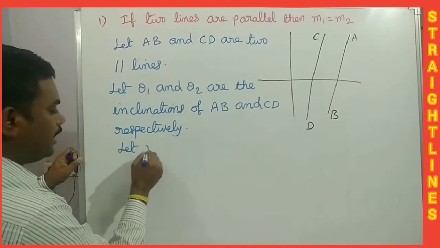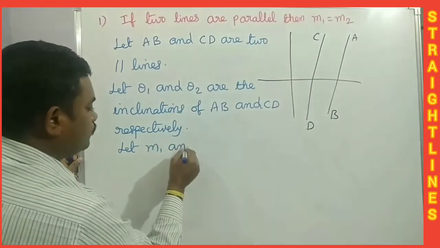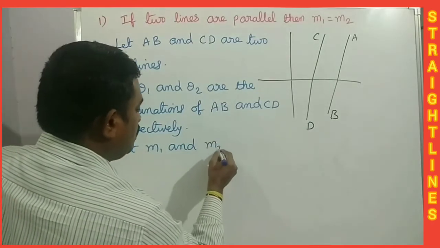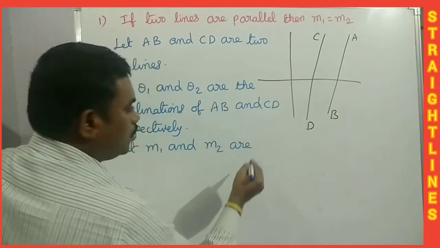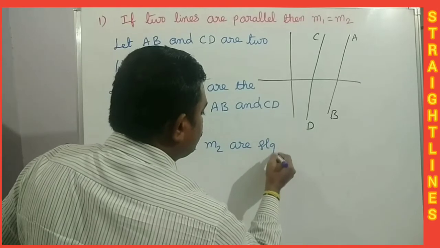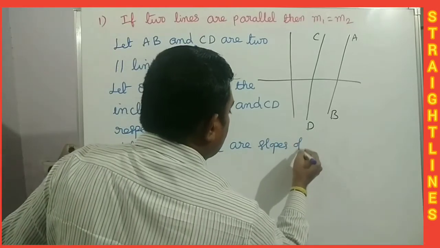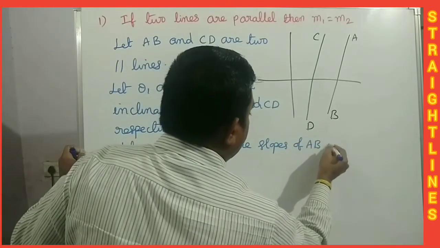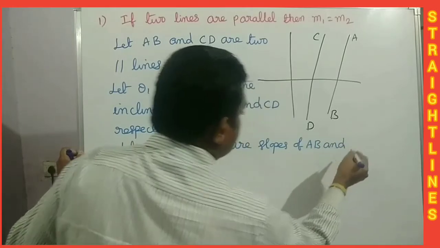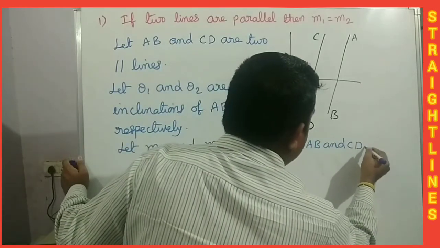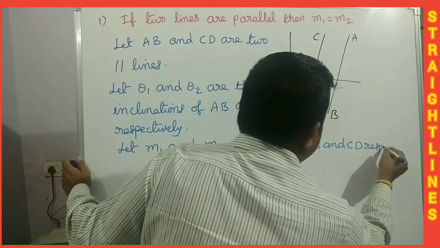Let m1 and m2 are slopes of AB and CD respectively.